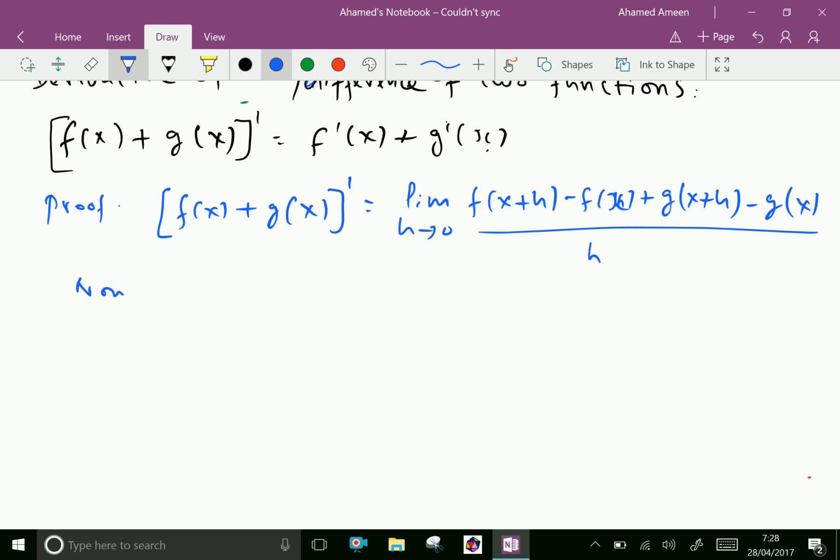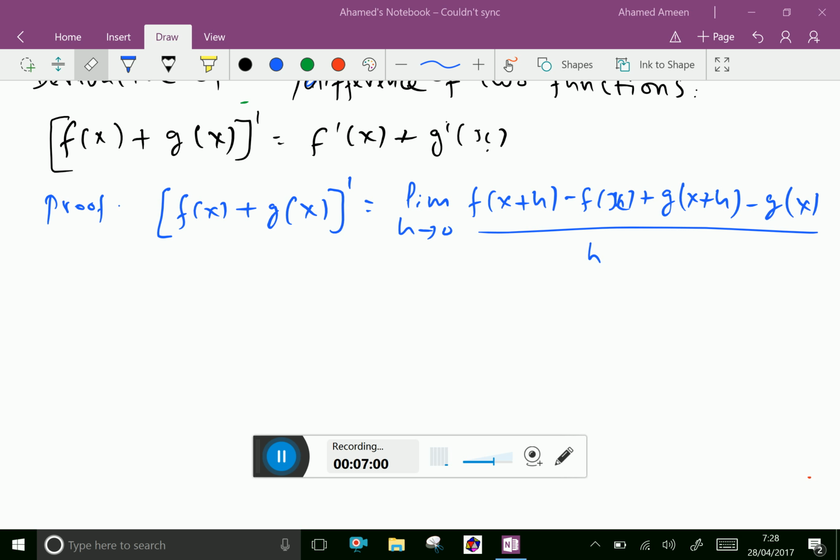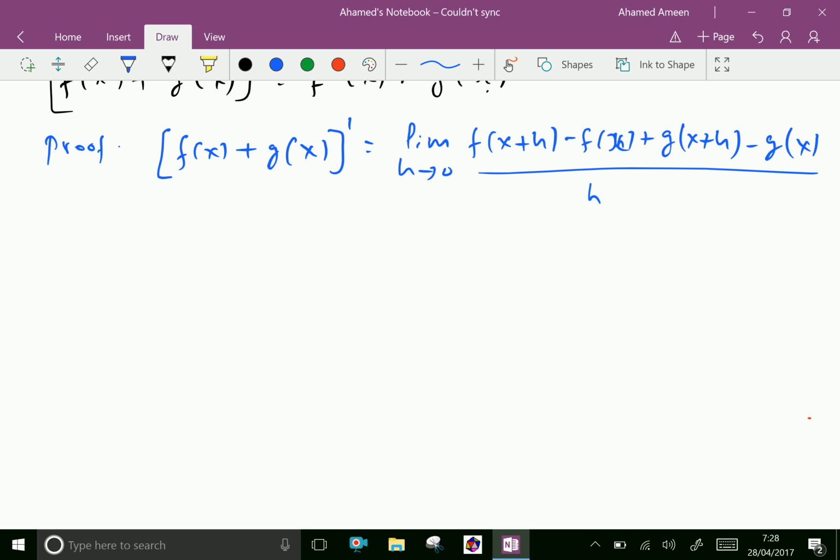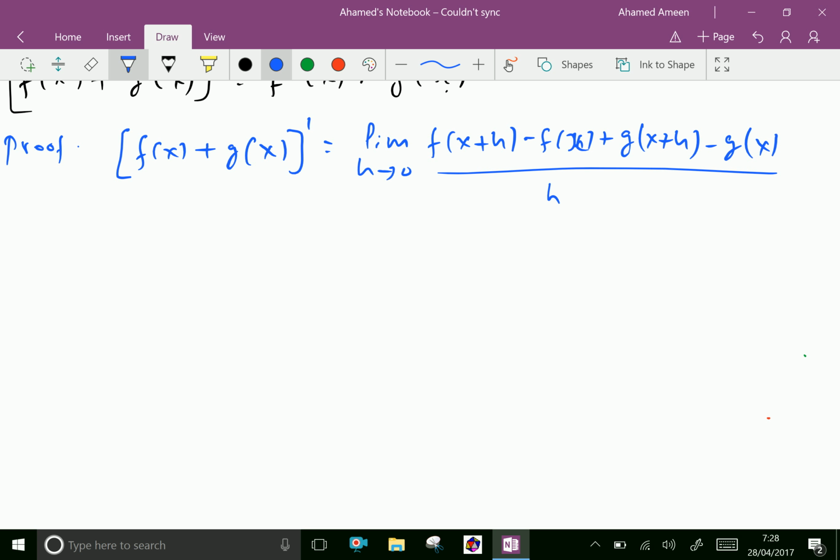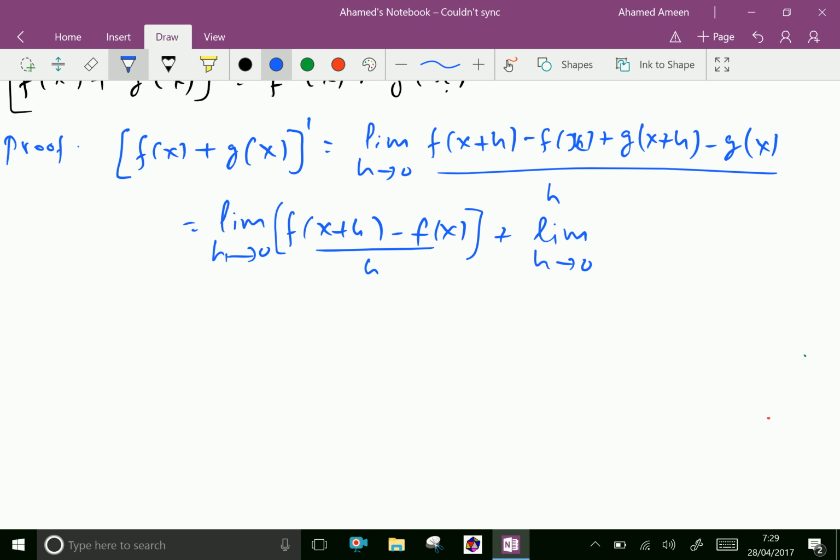Now breaking the limits for both terms, that is limit h tends to 0 of f of x plus h minus f of x over h plus limit h tends to 0 of g of x plus h minus g of x over h.